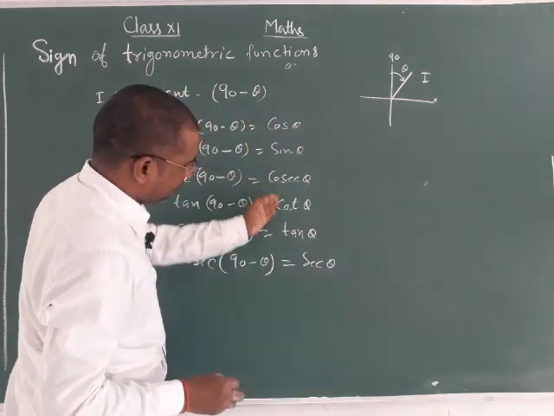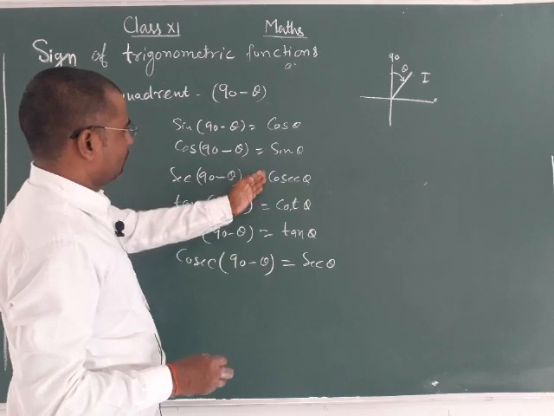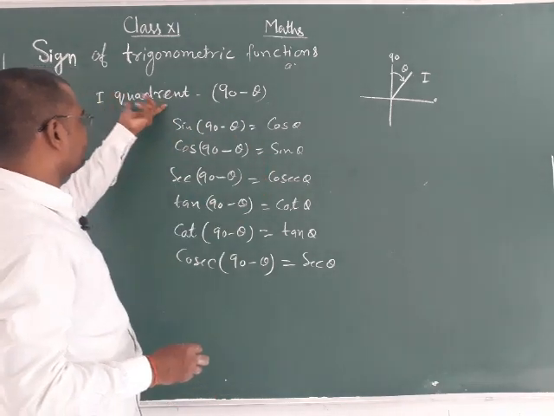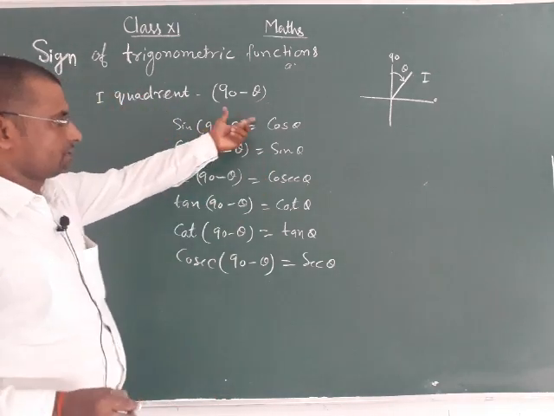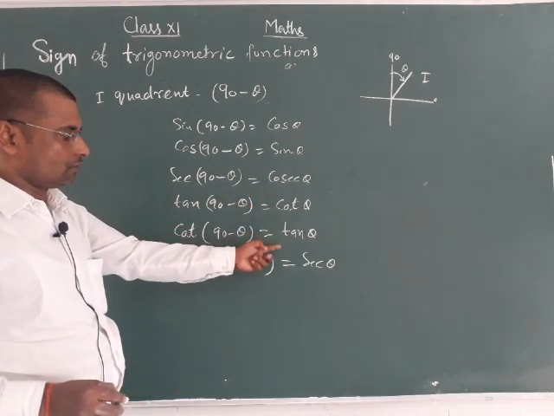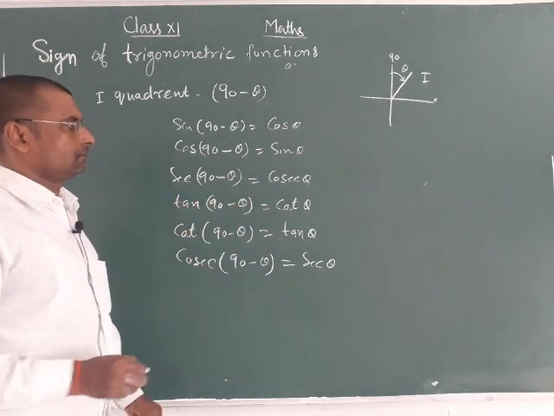All values of the trigonometry ratios are positive in the first quadrant.